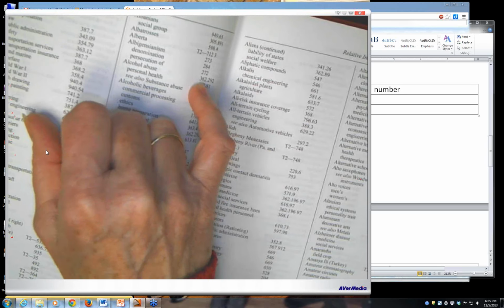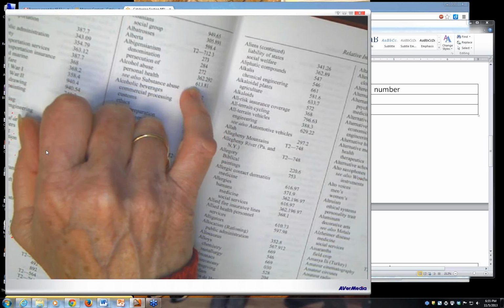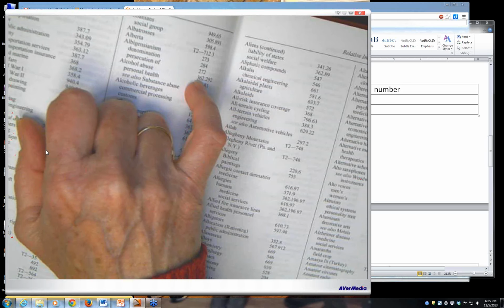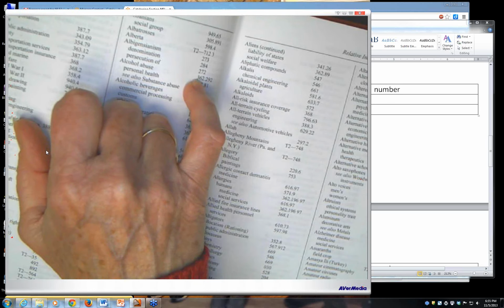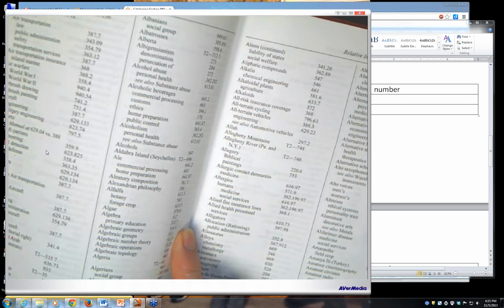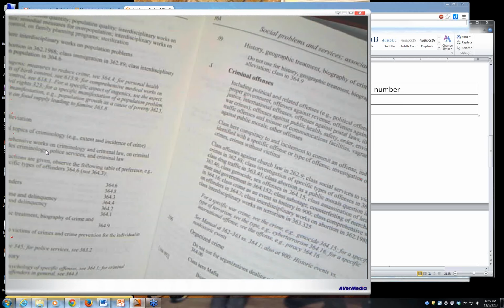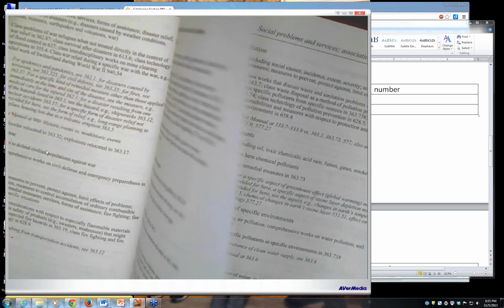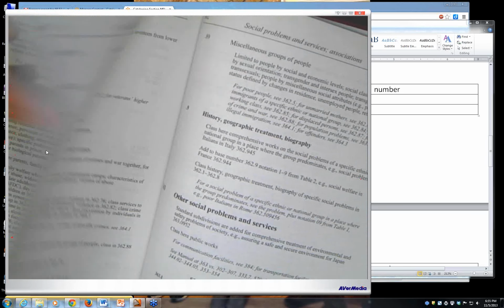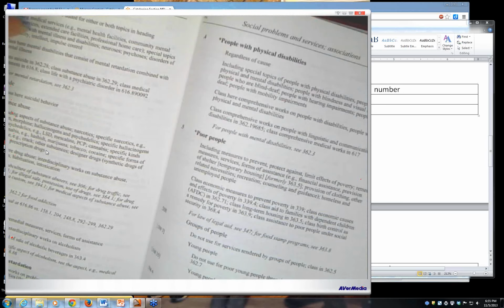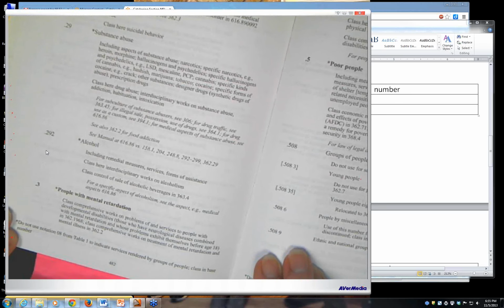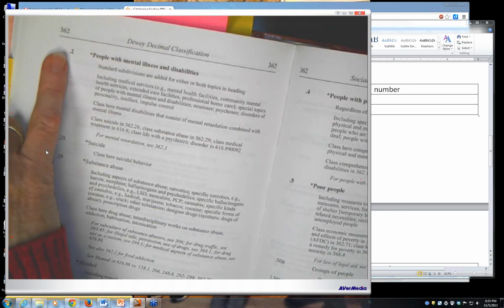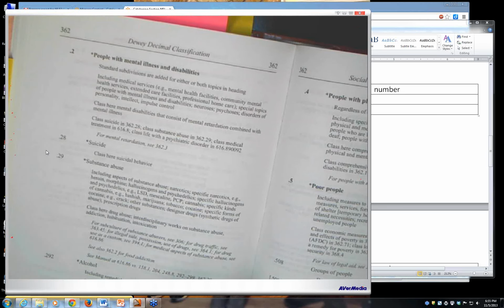That's going to be in our social sciences number, probably, not our 600 for applied sciences. This is alcohol abuse, 362.292. Let's go to the schedules. 362.292.